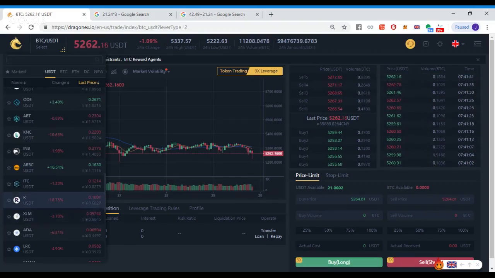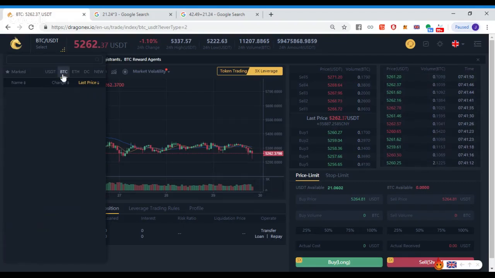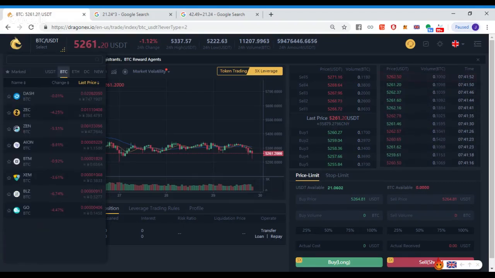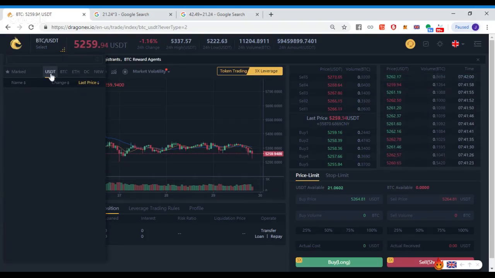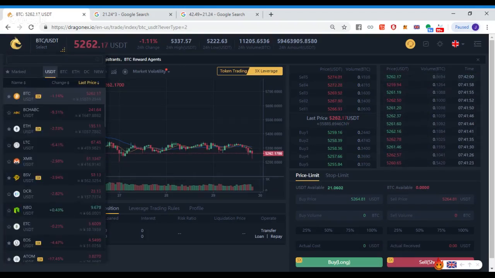And these are just a couple of the examples or options that you have available over here to trade versus USDT. Now, when you look at the other cryptocurrency markets, you can see there's little to none. You've got a couple of currencies versus Bitcoin and a couple versus Ethereum, but nowhere near the amount that you have available for USDT. So it just makes it that much easier, family.